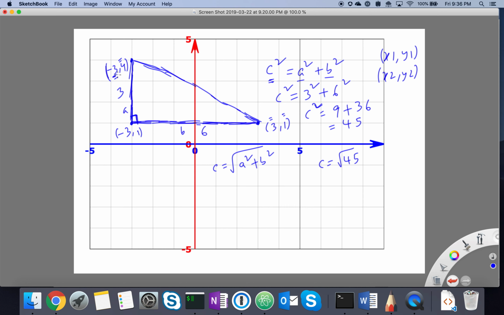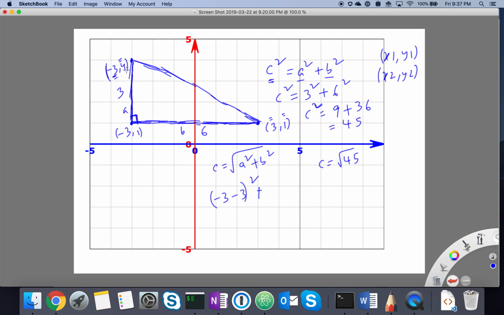So the difference between the x coordinates, -3 minus 3, gives me 1 leg, and this leg square plus the difference between the y coordinates.